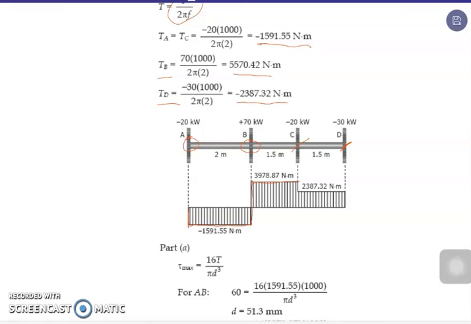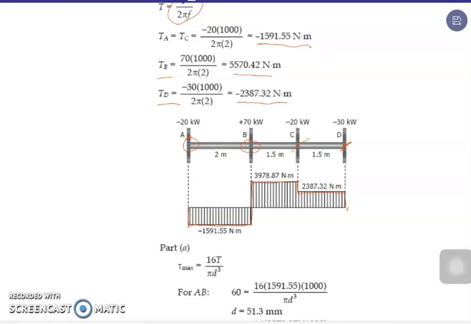Then at point C, we have negative 1591.55, so we go down. So we have a value towards point D, which is 2387.32 Newton meter.